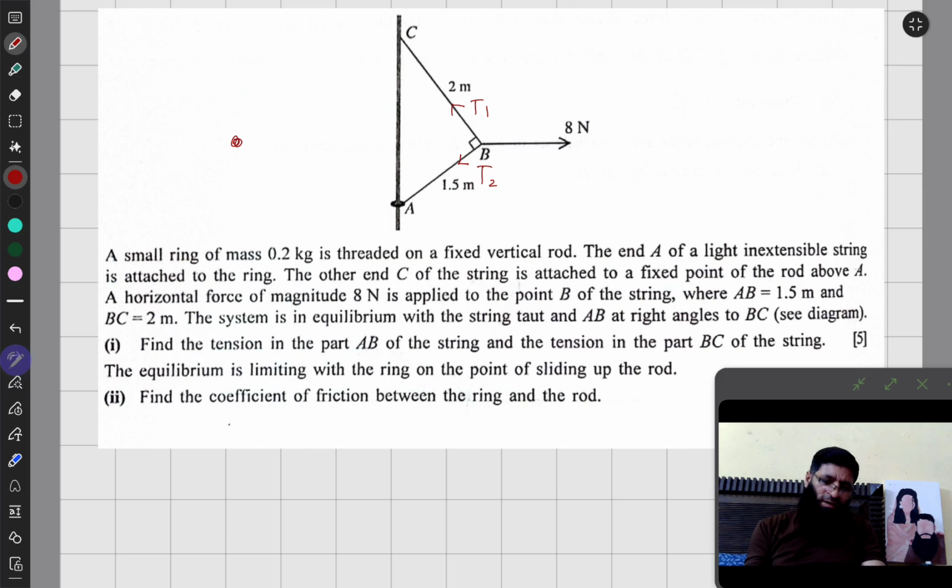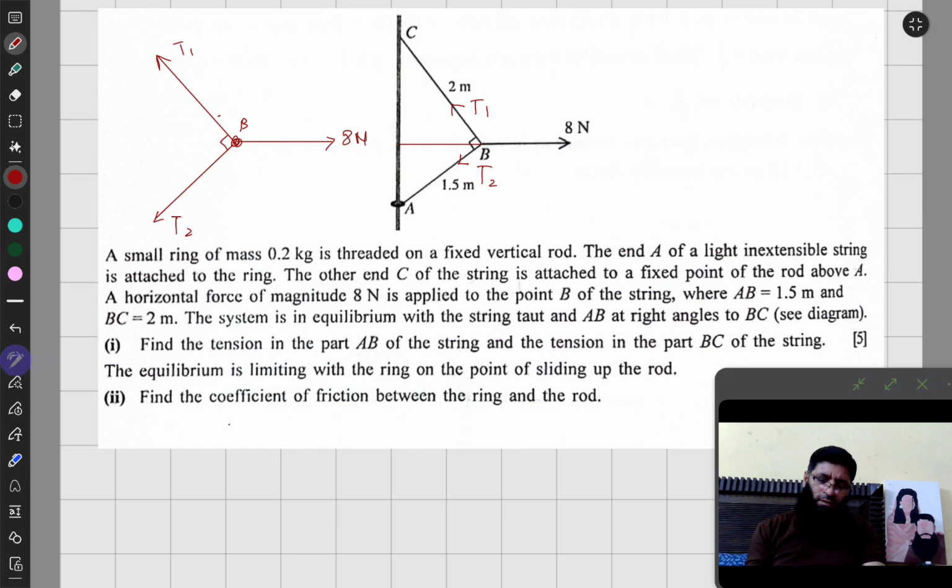So at this point B, you can see that you have a force 8 Newton, and this force is T2, and this force is T1, and the angle between T1 and T2 is 90 degrees. From the diagram you can see this, and if you find this angle, you can find this one.